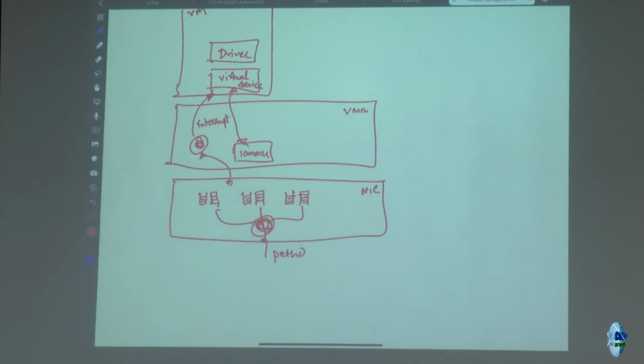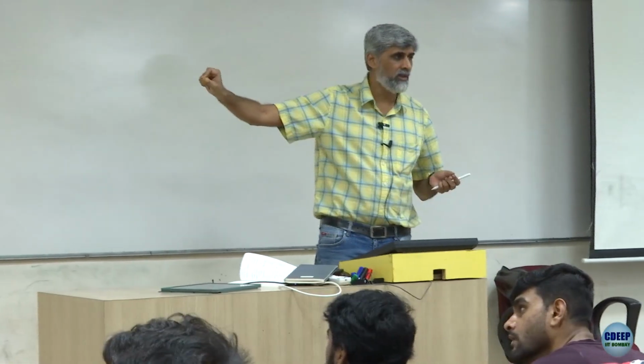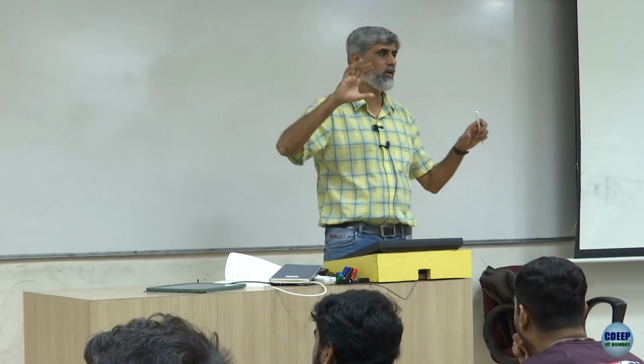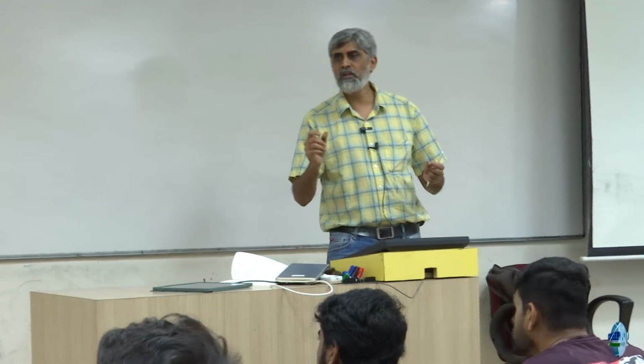So in hardware assisted mode, the one big difference is that the hardware itself is broken down into distinct devices. This is an example of one physical network card supporting three different hardware queues, or three different virtual network devices. Each of these virtual network devices can then be exported as a network device into the VM.